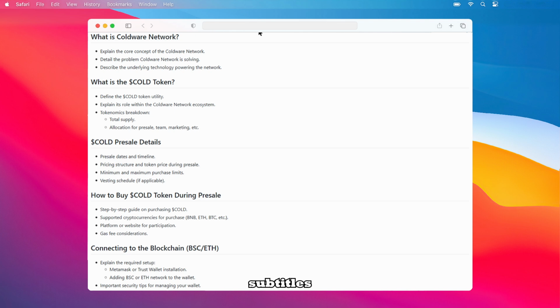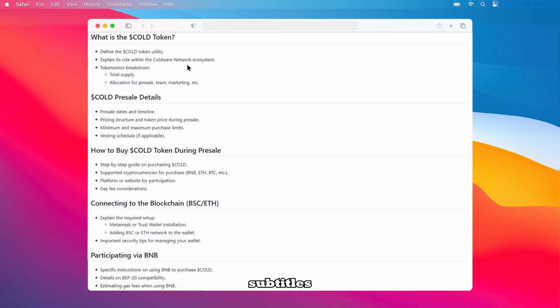Let's delve into the specifics of the $COLD token. Essentially, we need to define what the utility of this token is, what it will be used for. Then, we'll clarify its specific role within the Coldware Network ecosystem, so you understand how it functions in the larger project.